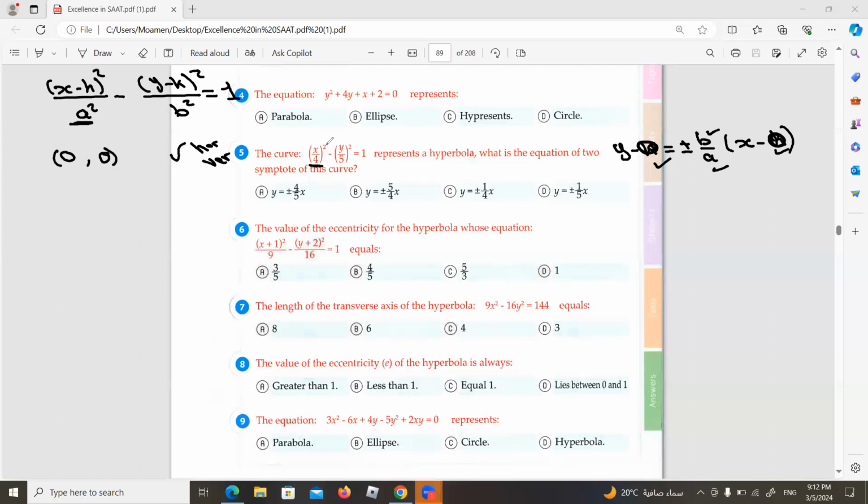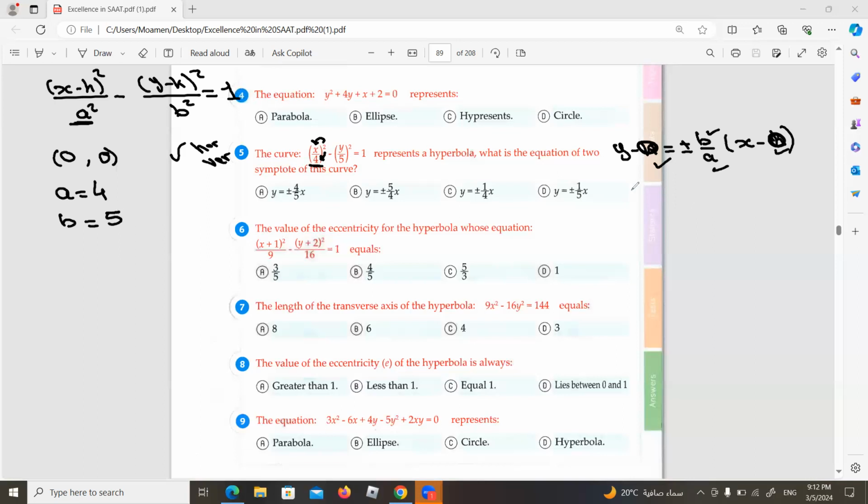This is not 4, this is 4 power 2. This power will be distributed on x and on y. Pay attention about this small tricky problem. So the value of a here is 4. Some of my dear students say it's a 4, Mister, so I get the square root, so it's 2 because this is a squared. No, a squared. Yes, I know it's a squared, but it's 4 power 2 because the power will be distributed up and down. And the value of b also is equal to 5.